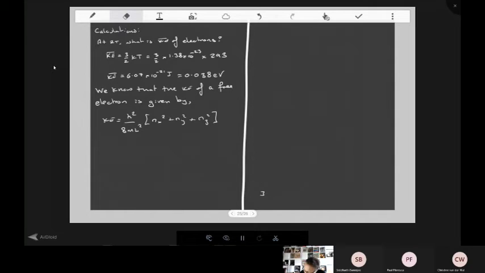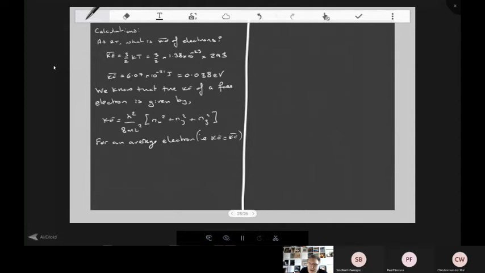How high has the average electron gone in the energy level structure? We know that the kinetic energy of a free electron is given by this. By an average electron, I basically mean its KE is the average KE.